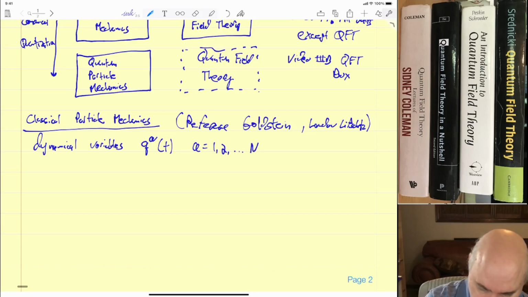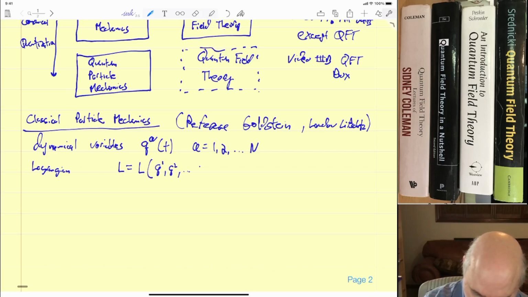And then with these variables, we form a Lagrangian, which is a function of the variables and their derivatives.